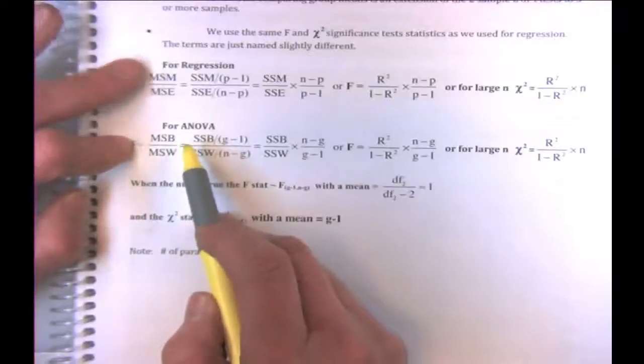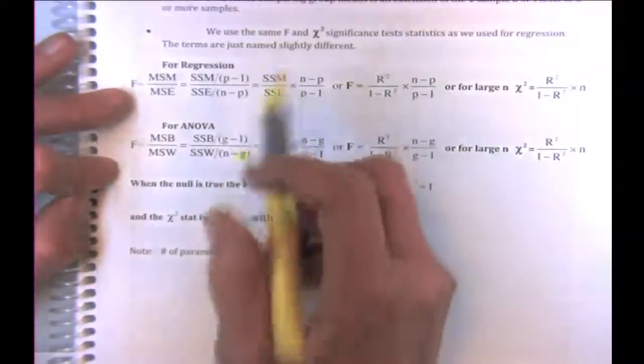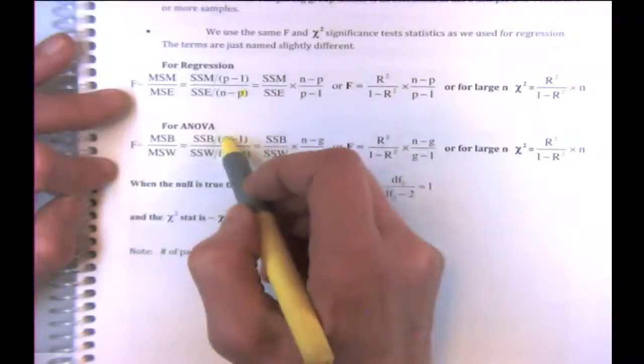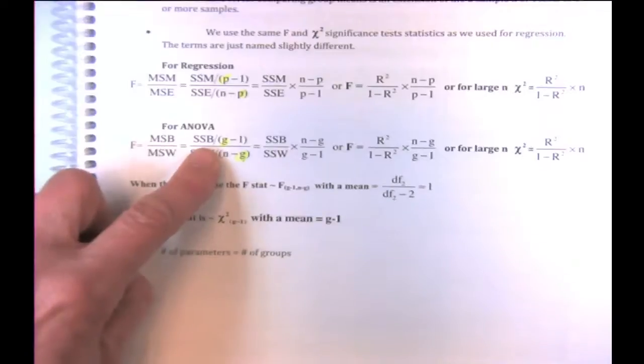But what about the number of parameters? Look at this. Look what's replaced. Do you see that the number of parameters is the same as the number of groups?